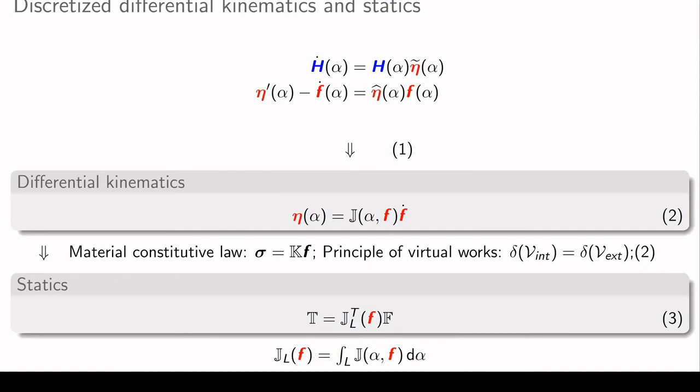So starting again from the differential kinematics in time and the compatibility equation, we can obtain the differential kinematics and statics with the computation of the Jacobian and by applying the material constitutive law.